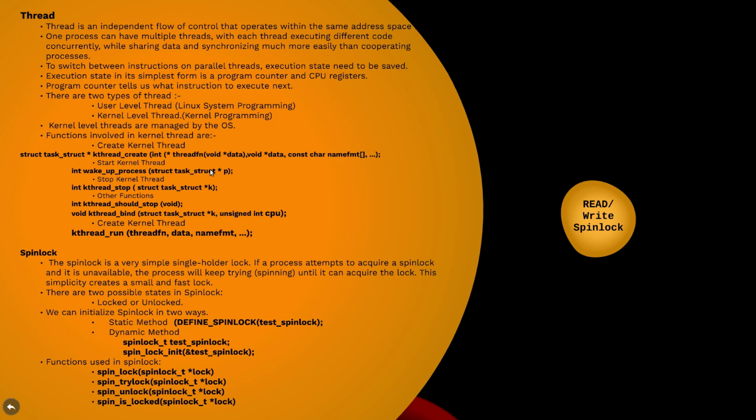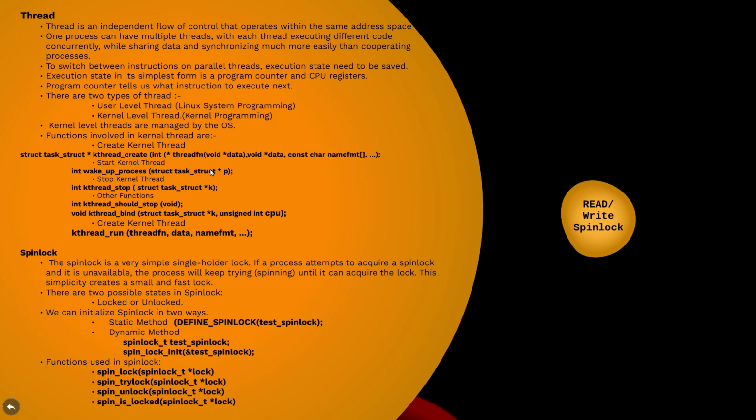A thread is an independent flow of control that operates within the same address space. So in a single process, you can have multiple threads, with each thread executing different code concurrently while sharing data and synchronization much more easily than cooperating processes.